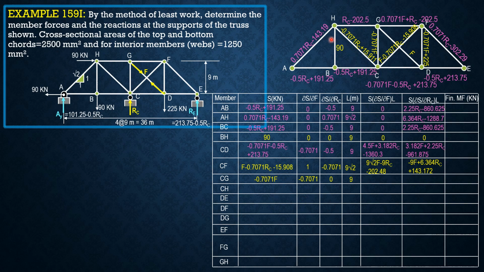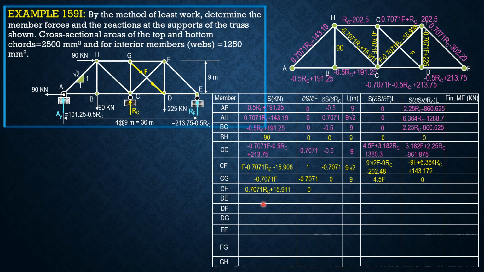CH, this one, negative 0.7071 RC plus 15.911. So partial derivative 0 here, negative 0.7071. The length of CH is 9 square root of 2. 0 product here, then here it is equal to 6.364 RC minus 143.2.